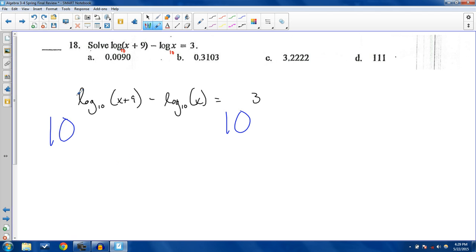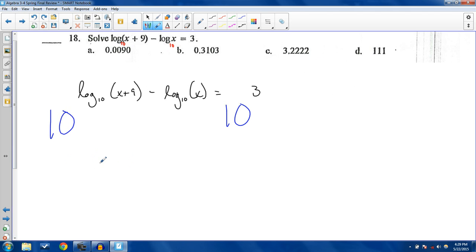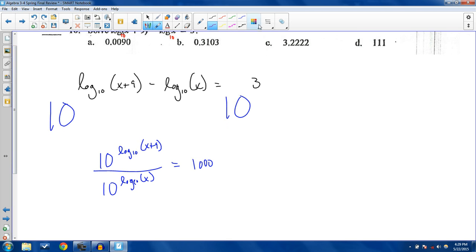In order to keep the base and subtract exponents, your thing over here was originally 10 to the first one, divided by 10 to the other one, log base 10 of x. And that's 1,000 on this side. Now 10 to the log base 10 of x plus 9 is x plus 9. And now 10 to the log base 10 of x is x.